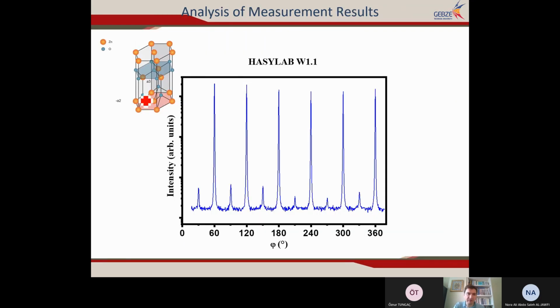If you have a hexagonal structure, you have 6 surfaces: one surface, another surface, a third surface, and here the 4th, 5th, and 6th surface. If you rotate around itself by manipulating phi, then you will get 1, 2, 3, 4, 5, 6 diffraction peaks from each surface of the hexagonal crystal structure, if you have a very nice hexagonal structure of the material.